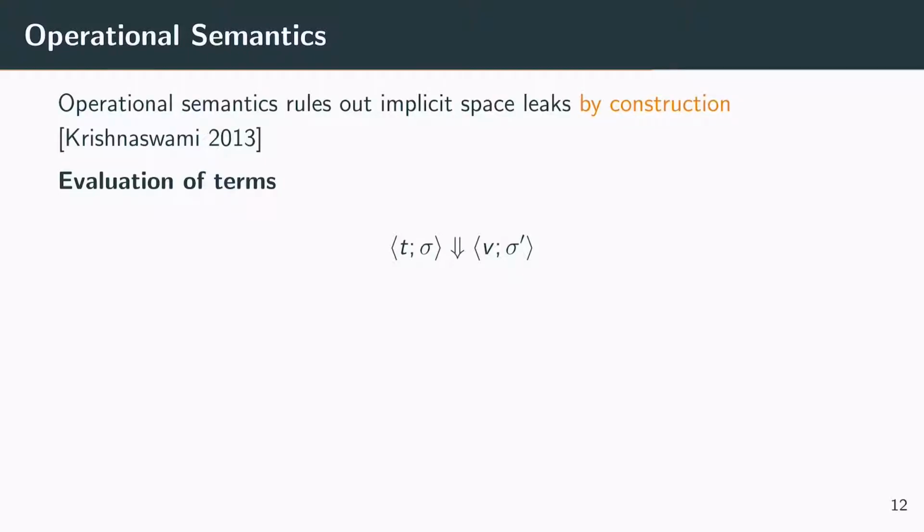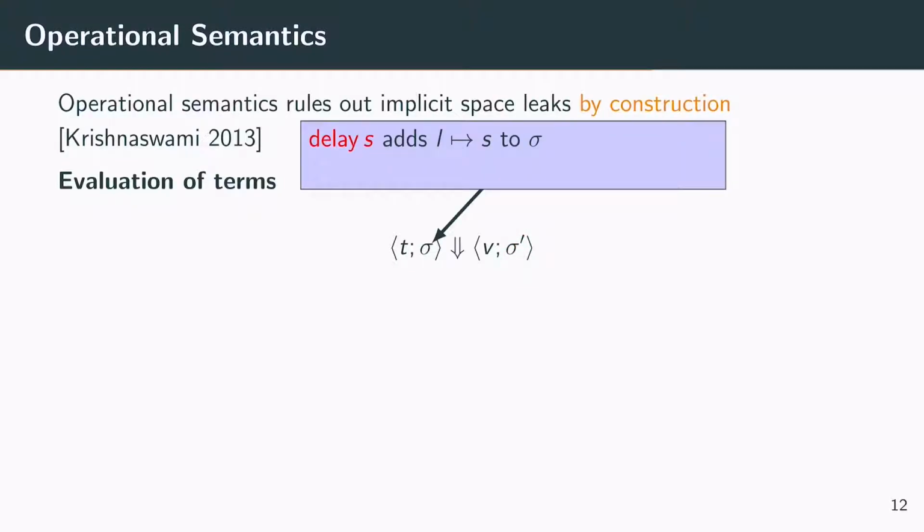So right now the term T evaluates to value V, and it has access to a store sigma, so it can read values from it, but it can also store additional values in that, so that we get a new store sigma prime. And essentially the only thing you can interact with this store is by advance and delay.